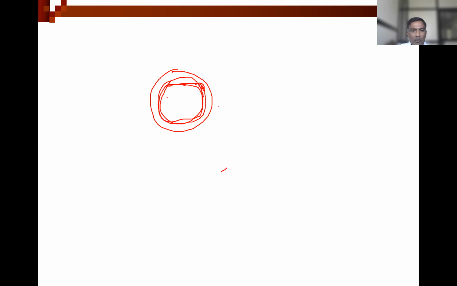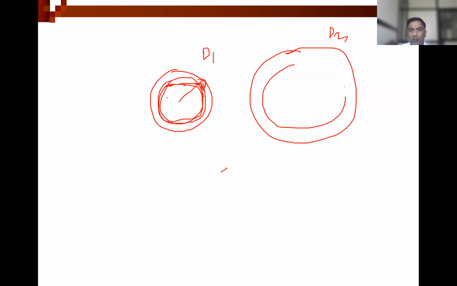Okay, so suppose this is having diameter d1, this is d2, okay. So d1 less than d2.